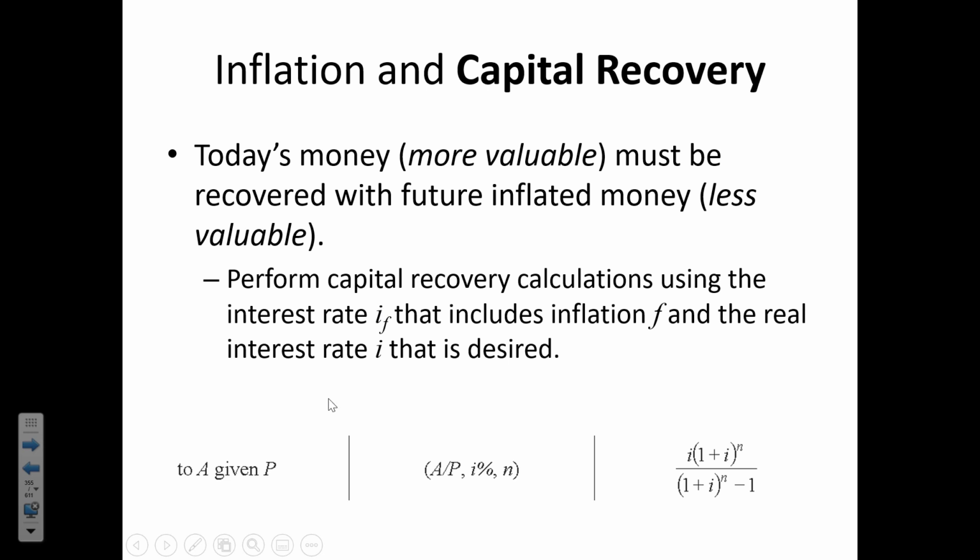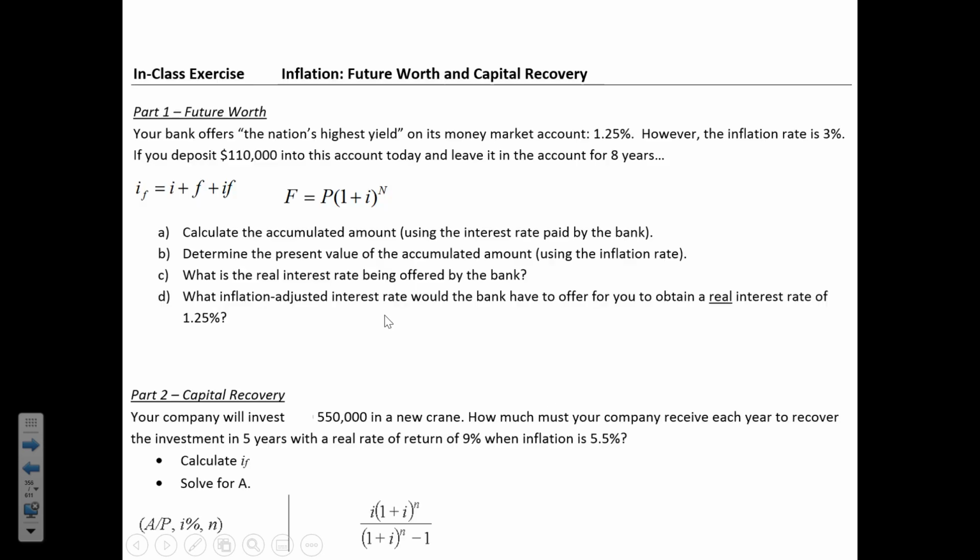In the capital recovery, you're going to take the annualized amount of some present value, and also annualize the future value of the salvage. So the I that you'd substitute into that equation is I sub f.